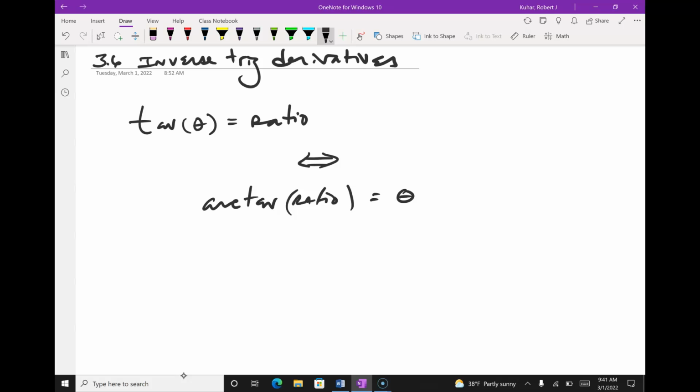The inverse tan, so I could say it as inverse tan of the ratio is theta, or I could say arctan. I like to use arctan, arcsine, arccosine, just because there's some confusion with that negative exponent at times. But they are the same thing, okay? So make sure you recognize both of them. They both are the same function. The first one is read arctan, the second one is read inverse tan. Arctan is inverse tan. They're the same thing.